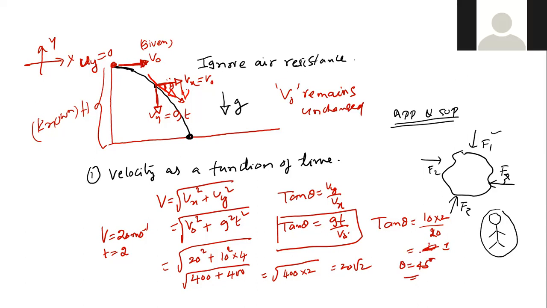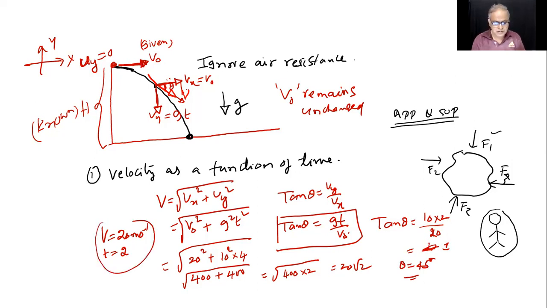So the first thing is to find out the velocity after some time. I told you already V0 will be known to you, that's what I mean by giving this V0 is 20. And after time t, how much is the velocity? But remember, this velocity is no more going to be horizontal. It will be like that. But the horizontal component will be as it is because g is acting down. That's not going to affect this V0.